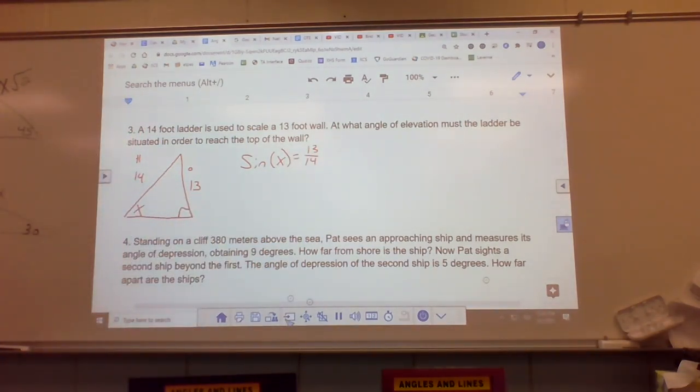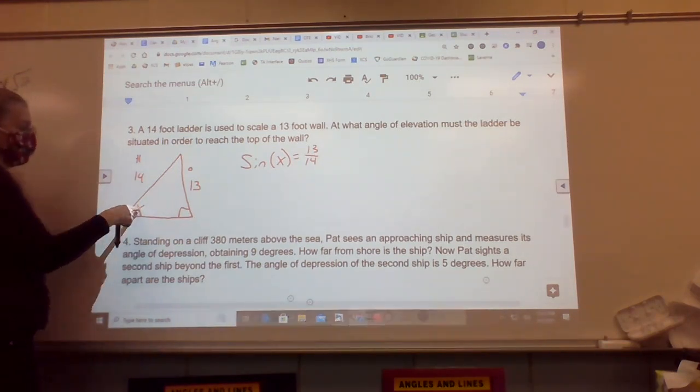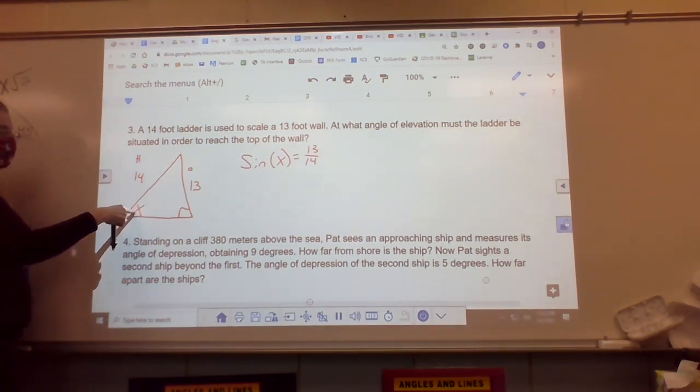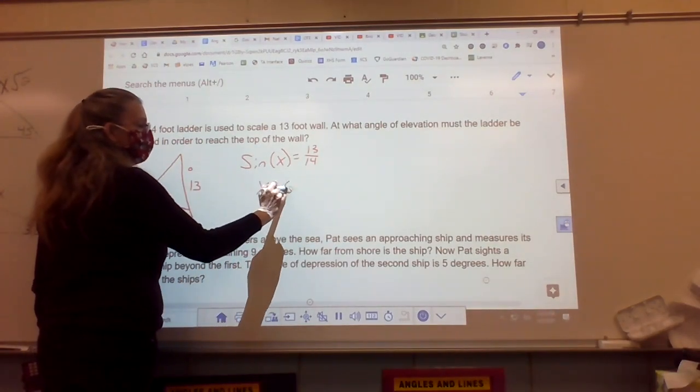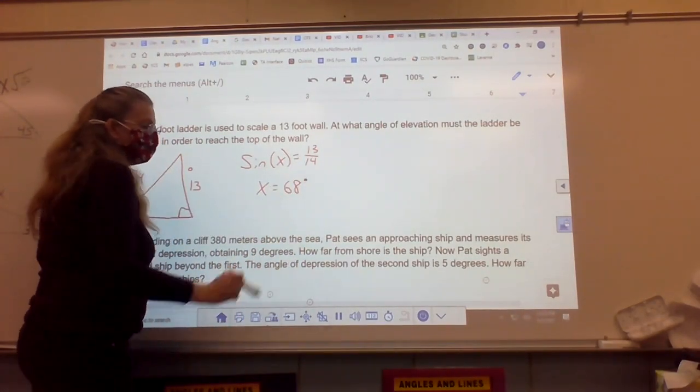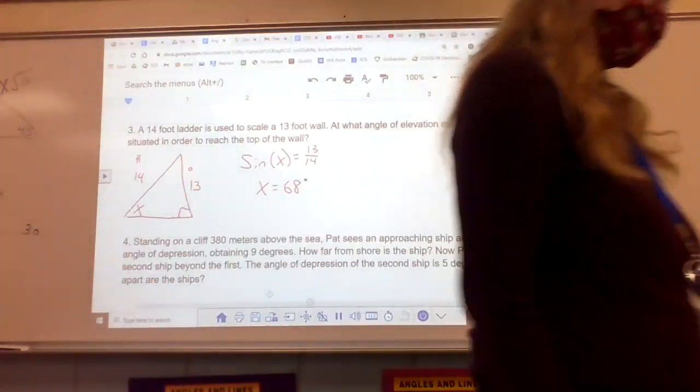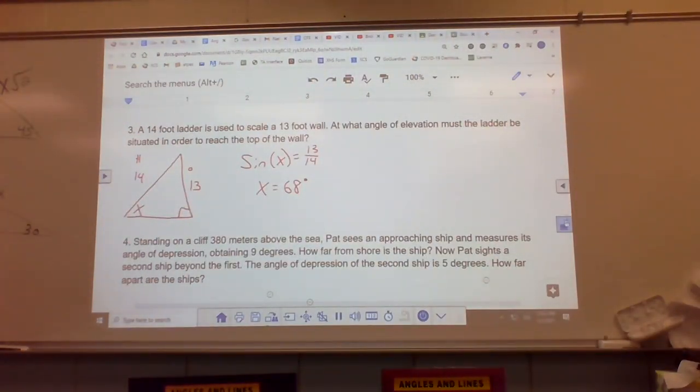So inverse sine of 13 over 14, I get 68 degrees. So the angle of elevation, the angle that the ladder is lying at, is 68 degrees. So that was number 3.